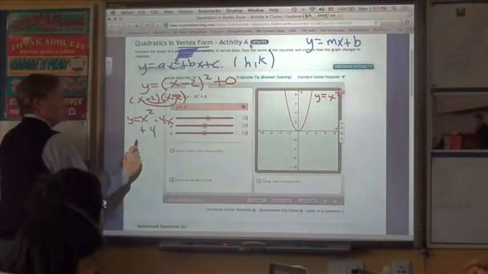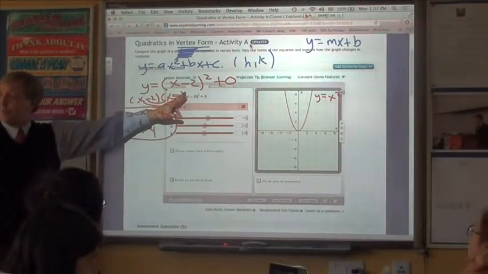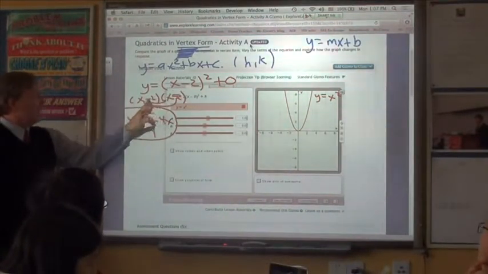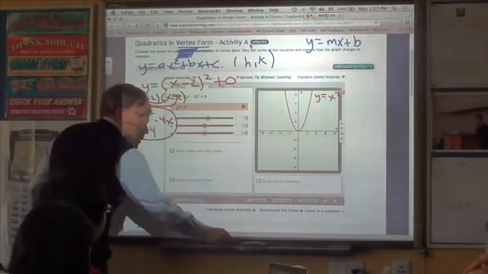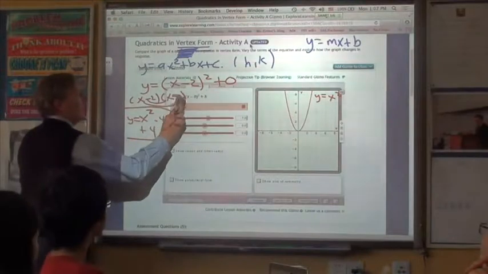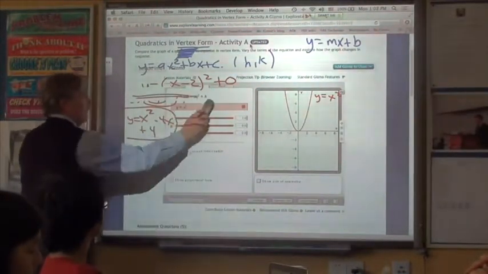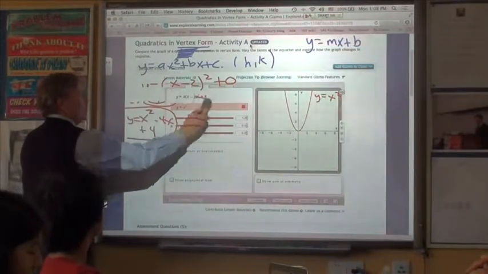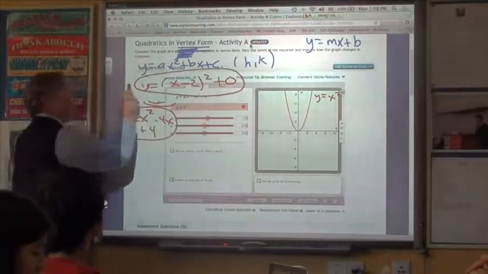Right, and that's true. If you perfect square x minus 2, you get x squared minus 4x, well, that's true. I don't know if that helps you a lot right now understand what's going on relative to what the transformation is.